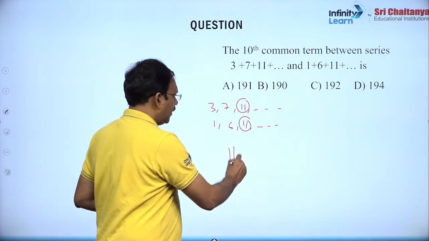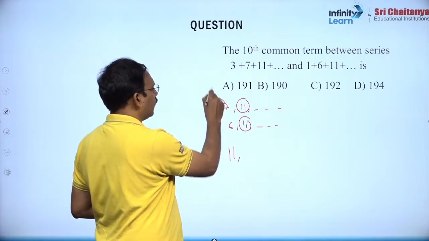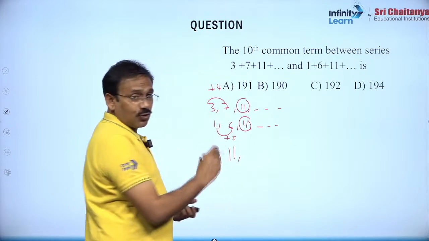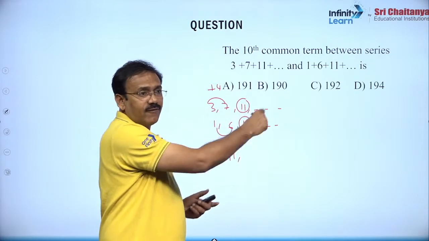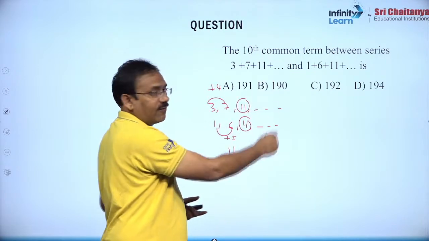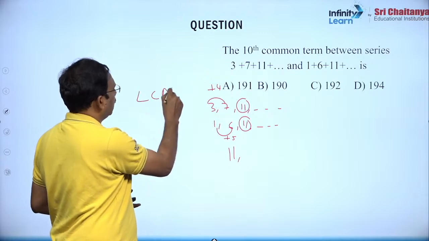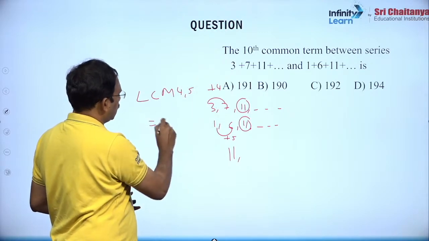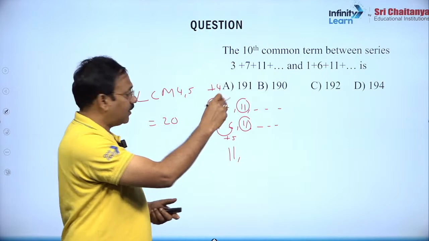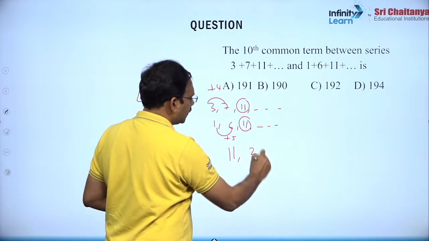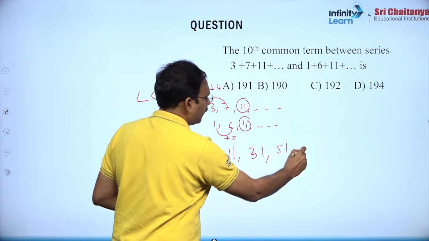Here the common difference is 4, here it is 5. So one jumps every 4 units, the other every 5 units. The LCM of 4 and 5 is 20. So they will match again after 20, that means 11 plus 20 is 31, plus 20 is 51.